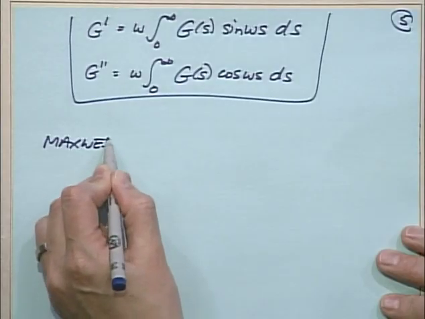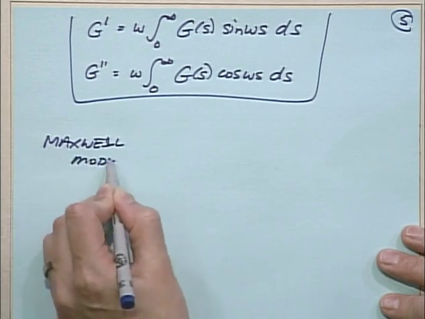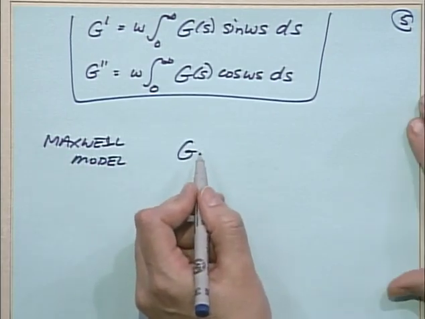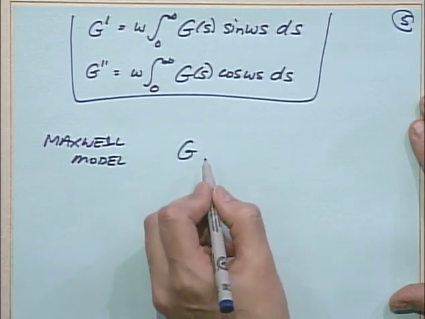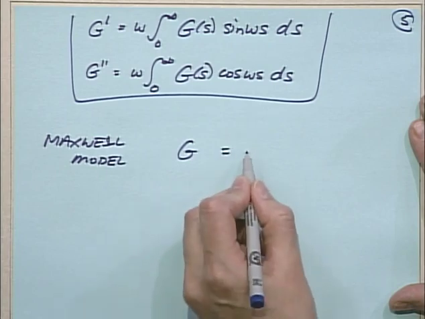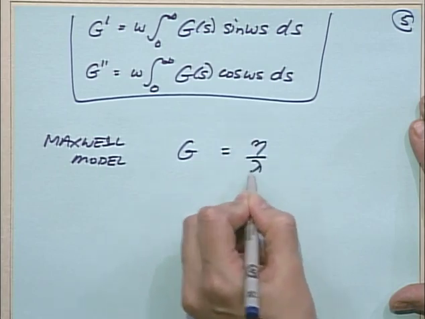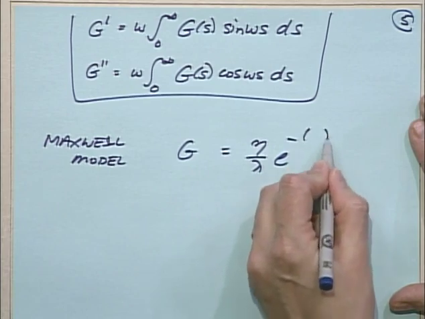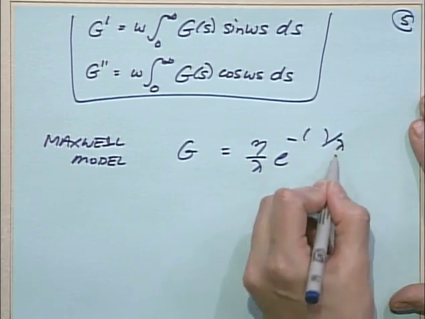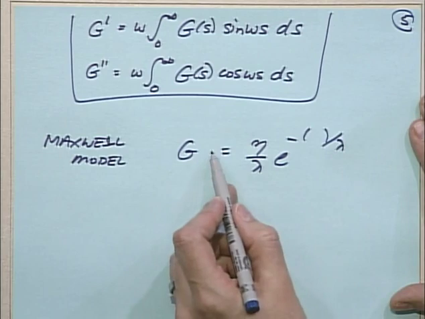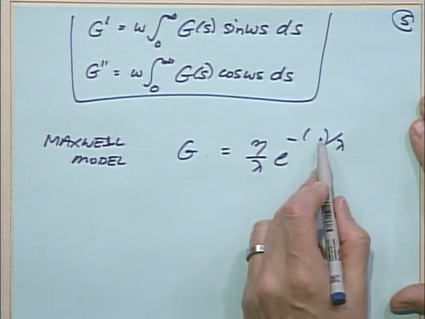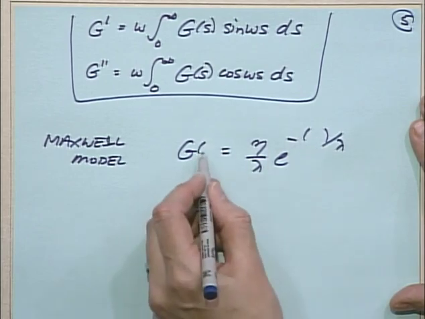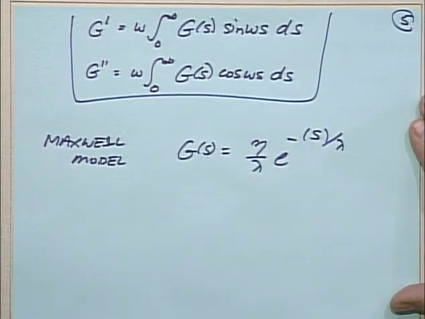For instance, for the Maxwell model, G is equal to eta over lambda e to the minus the variable over lambda. When it's G of t, there's a t here and a t here. When it's G of t minus t prime, there's a t minus t prime there and there. And when it's s, there's an s there and an s there.